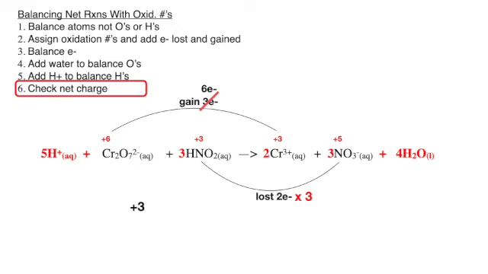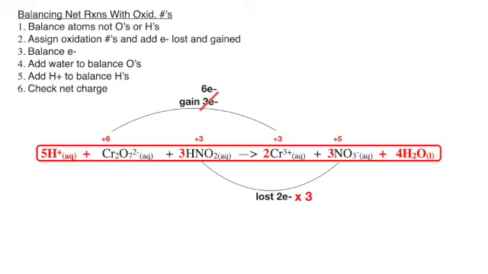I got a +3 on that side because I got 5 positives, 2 negatives, and a 0, so +3. And on the product side, I got 2 Cr3 positives, so that's 6 positives, 3 nitrates, and they're each negative, so 6 minus 3 gives me +3. Okay, so that's how you balance. So there's my answer. That is my balanced redox reaction.